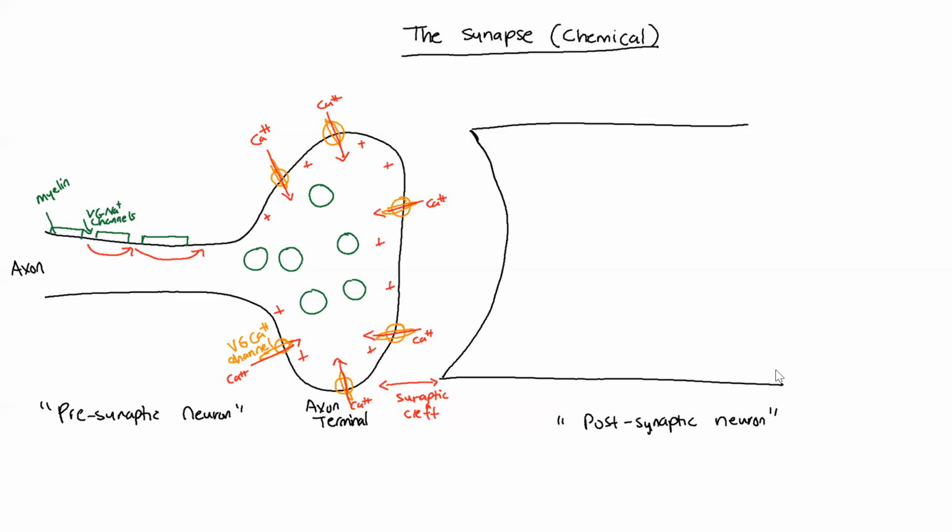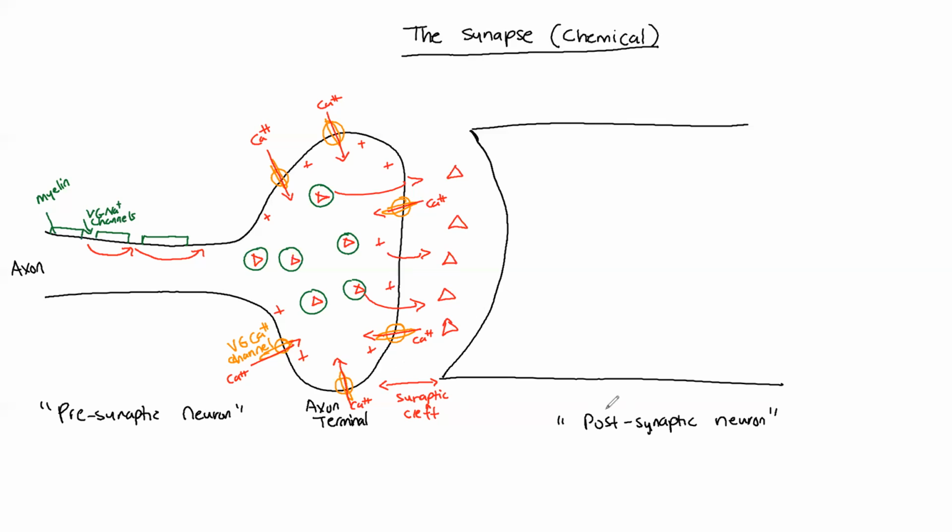Inside the vesicles, we have a specific neurotransmitter. When we depolarize this membrane, that triggers the dumping of these vesicles with this neurotransmitter out into the synaptic cleft. So we can see all this neurotransmitter being dumped into the synaptic cleft. Hope everyone's with me so far.